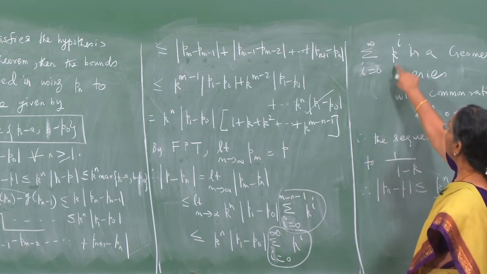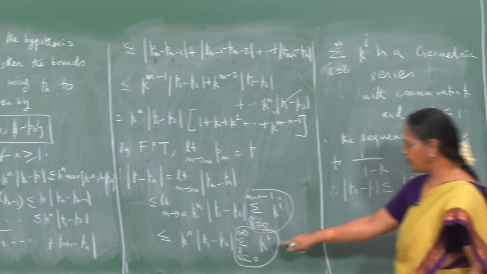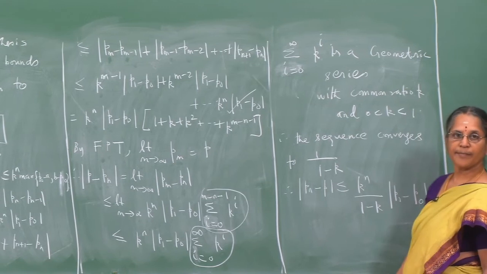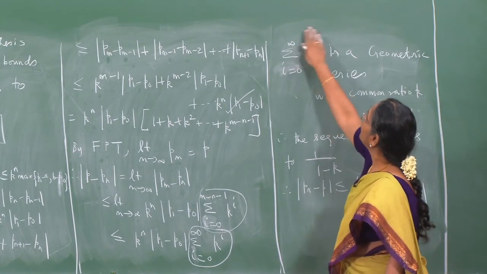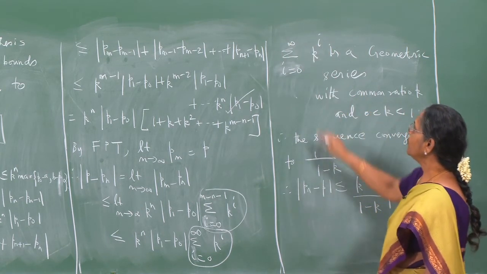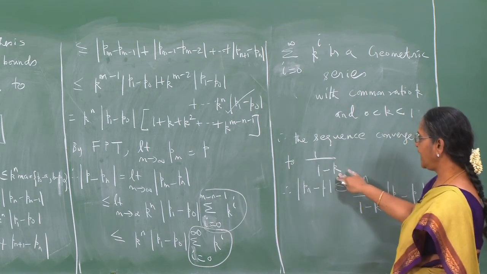So, sigma k^i is a geometric series with common ratio k such that 0 < k < 1, and therefore I have the sum to infinity of such a geometric series. The geometric series converges to 1/(1−k).